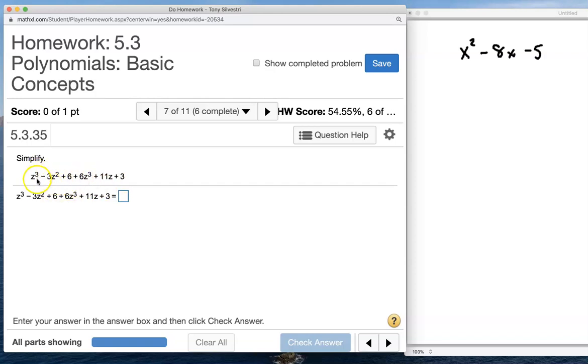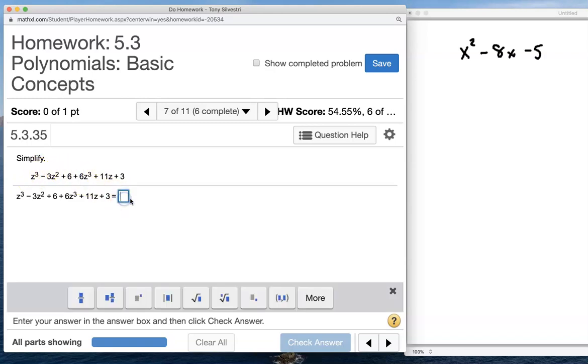In this case, I see a z cubed and a 6z cubed. Those are like terms because they have the same variable and the same powers. So we can combine those. We have one z cubed plus another 6z cubed, which leaves you with 7z cubed.